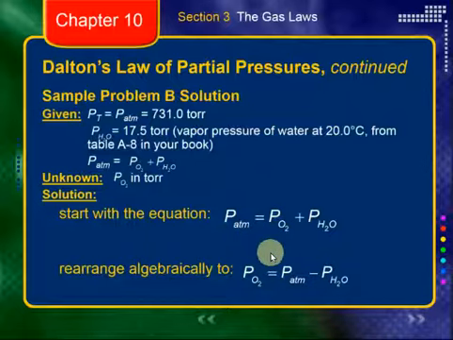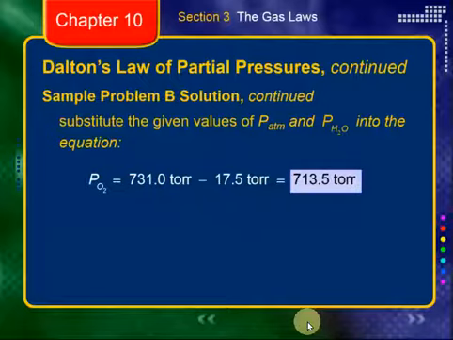So we simply rearrange this equation to solve for the pressure of oxygen, P sub O2. Then substitute the given values of total pressure and water vapor pressure into the equation. We get 713.5 torr.